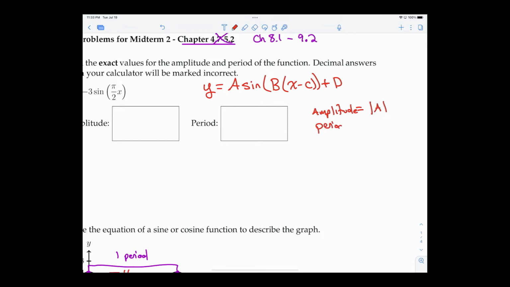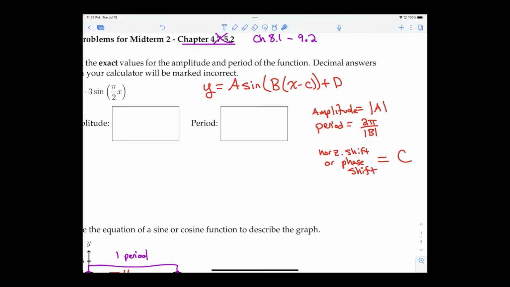The period is equal to 2 pi over the absolute value of b. There's a left or right shift, which is sometimes called a phase shift, so horizontal shift or phase shift, is c if you write it in this exact form.